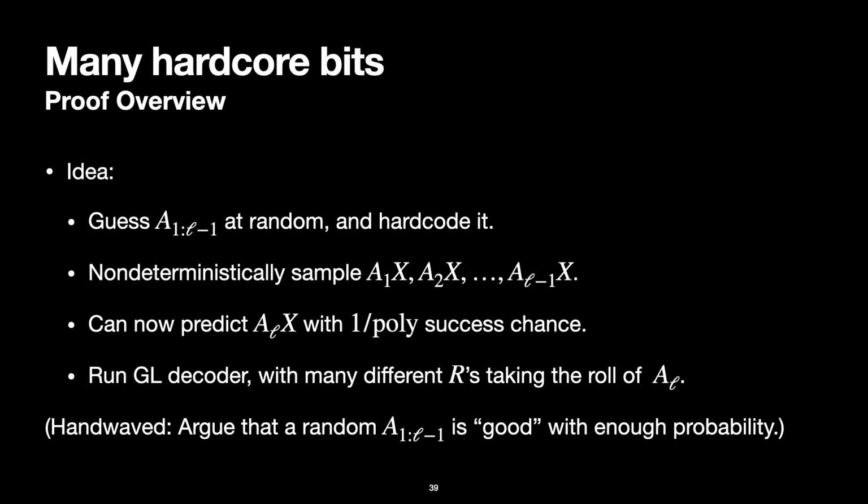If we can predict ALx with 1 over poly chance, we can run a Goldreich-Levin decoder with many different r's taking the role of AL. And all that remains to do is argue that randomly guessing the first rows of the matrix is good with enough probability, but that can be done.